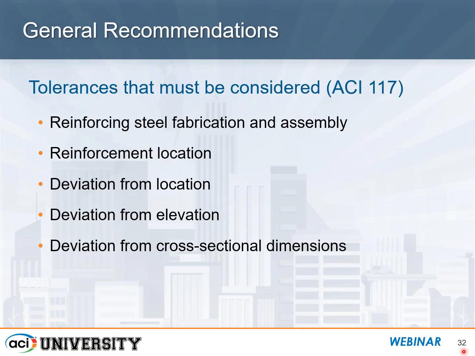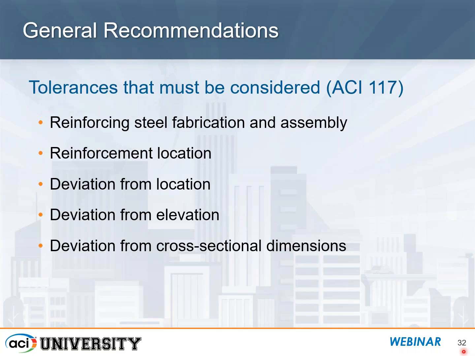Now, what are all the different tolerances that need to be addressed for reinforced concrete structures? The reinforcing steel fabrication and assembly: the reinforcing bars can be within plus or minus an inch or so, and the assembly itself, say of the stirrup cage, could be plus or minus a half inch, for example.